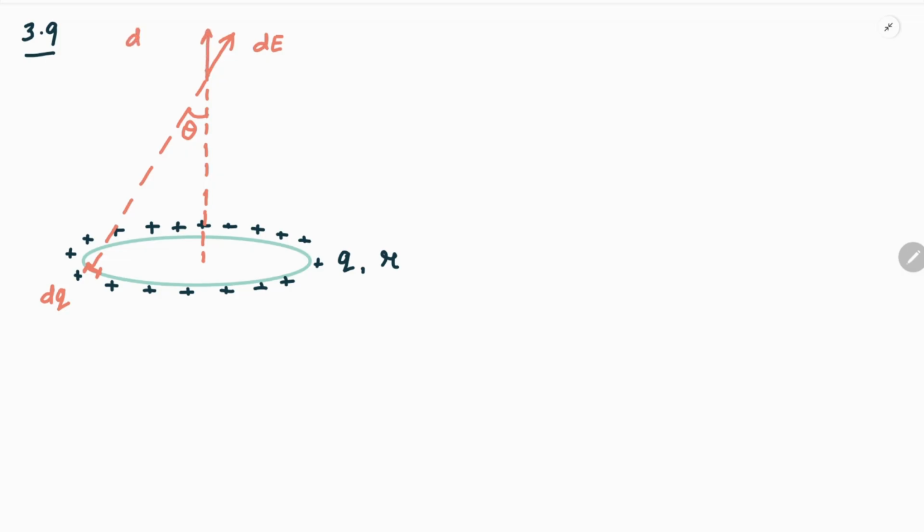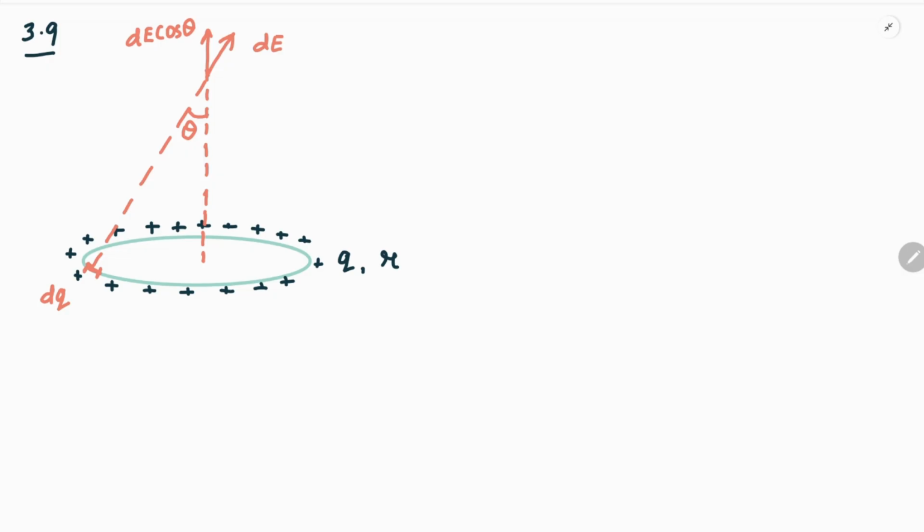So we can consider this component as the dE cos theta component. All the electric field contribution of the sin theta component will cancel each other, which we are not drawing here, because the other component, that is dE sin theta, will be cancelled by a charge element here. So we are not drawing dE sin theta.